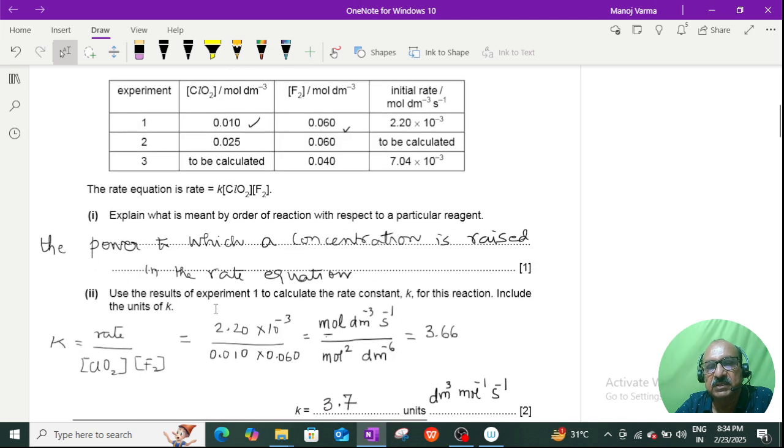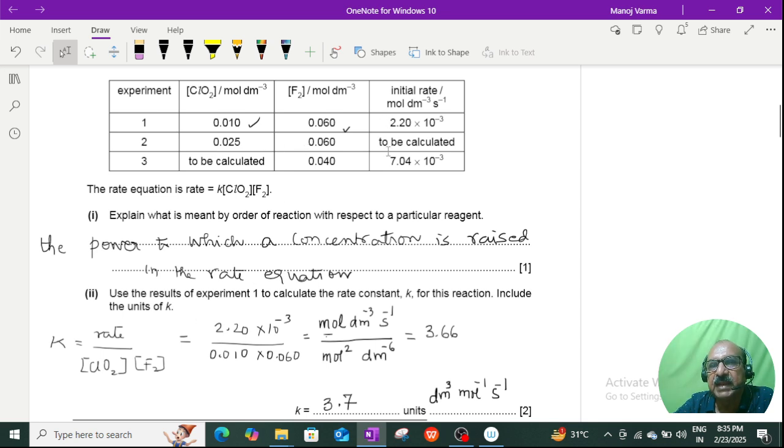Now use the results of experiment 1 to calculate the rate constant K. For this reaction include the units of K. So we have to calculate the rate constant K. So if you rearrange this equation, you get K is equal to the rate over the concentration of ClO2 times concentration of F2, and we can take the values from the experiment 1.